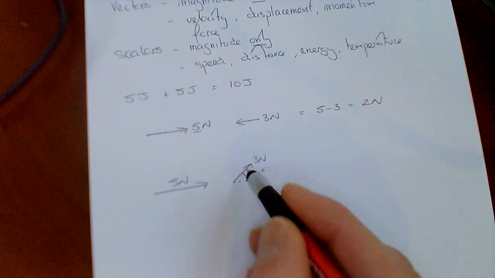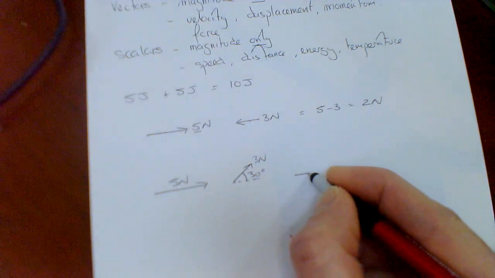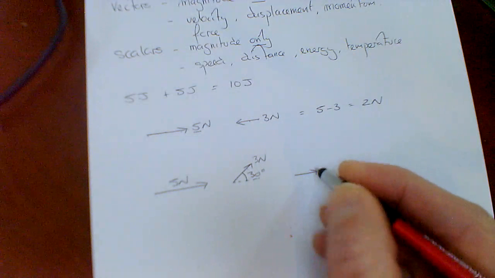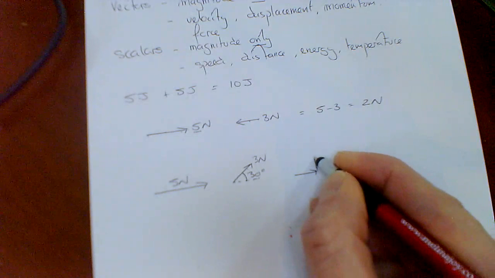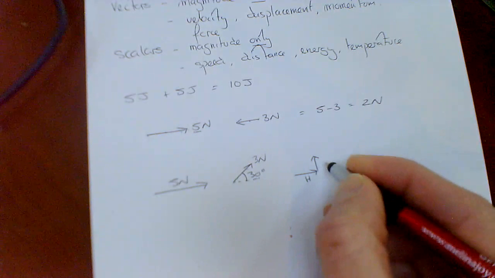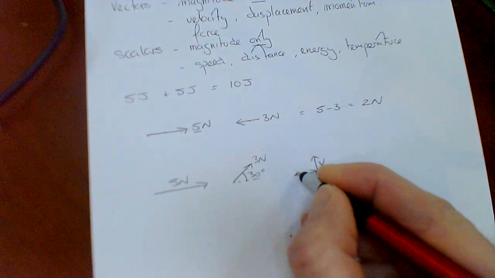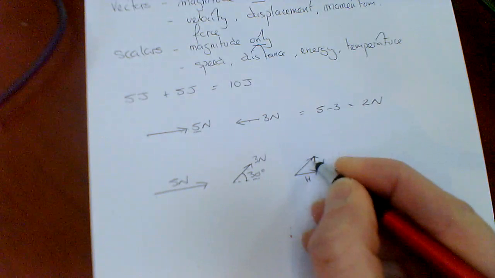So this 3 newtons has a little bit of a horizontal effect and it has a bit of a vertical effect. So we've got a horizontal component of the force and a vertical component of the force making up our 3 newtons.